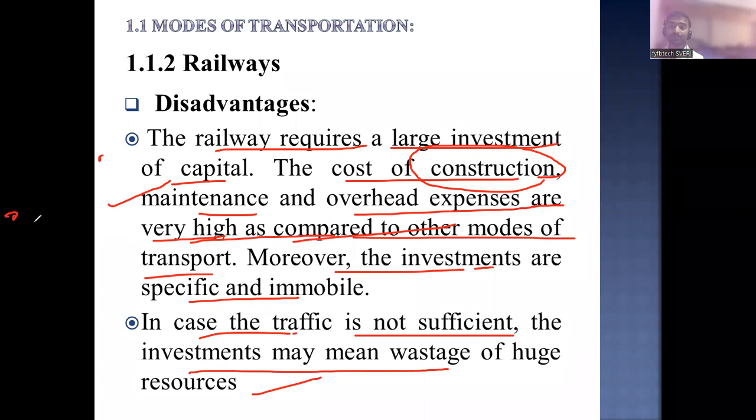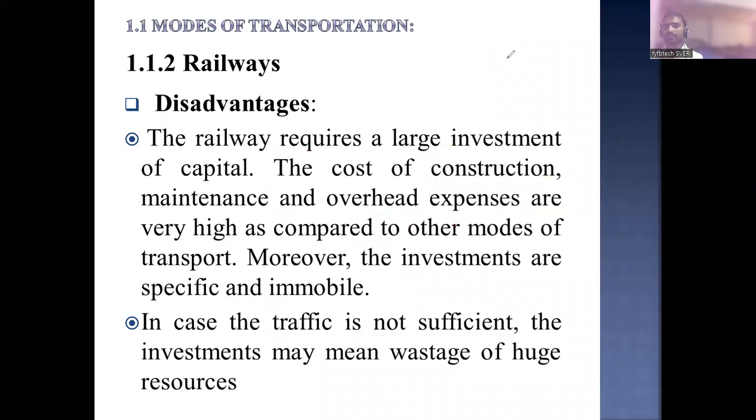No, because the railway system requires very high initial investment. If the traffic is very less, then you are not supposed to prefer this one. That's what he is saying. In case the traffic is not sufficient, the investment may mean wastage of your huge resources. If the traffic is very heavy, then only you should prefer this one.